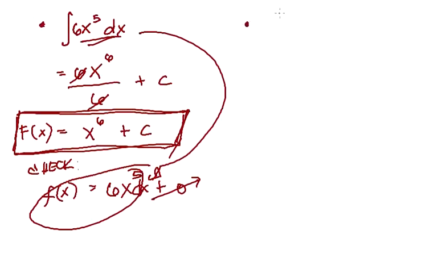Once again, let's say we have r raised to 2 dr. According to our power rule, we need to add 1 to the exponent n. So we have r cubed, or r to the 3, all over 3 plus c. This is our final answer.